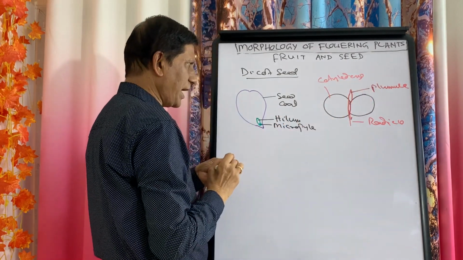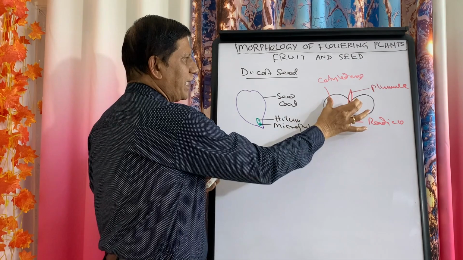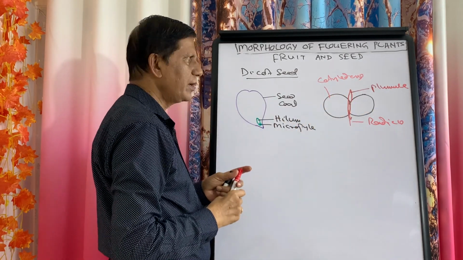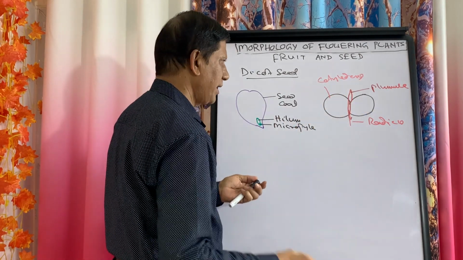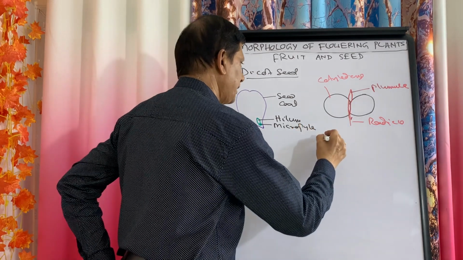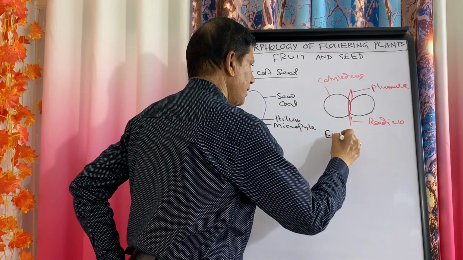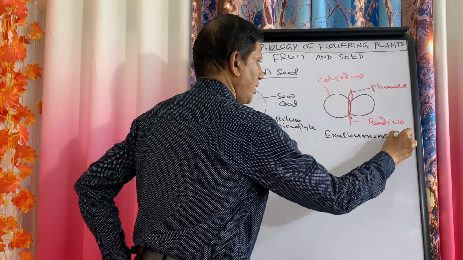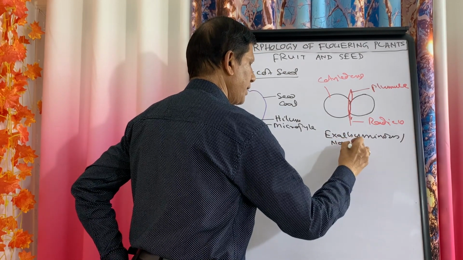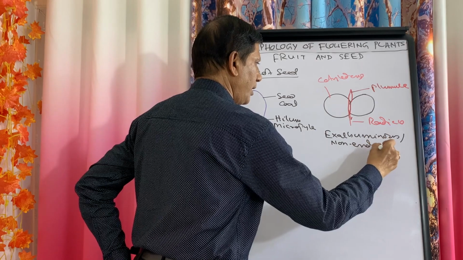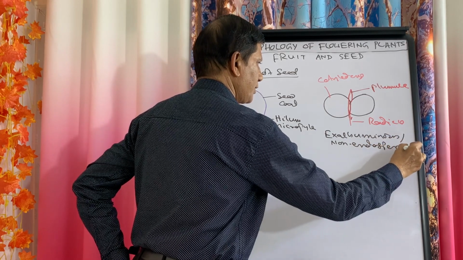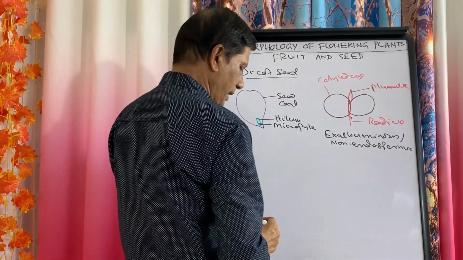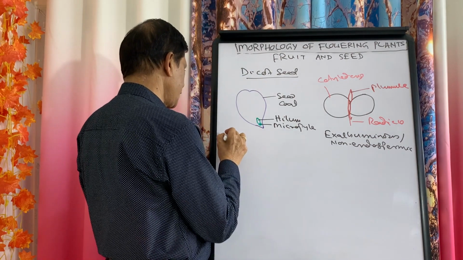So in case of dicots, the food materials are stored in the cotyledons. Therefore these are the exalbuminous or non-endospermic type of seeds.